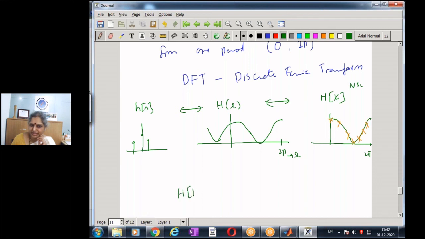It's again discrete because I have discretized my omega, and hence I have this notation of h of k. And this is known as the n-point discrete Fourier transform.